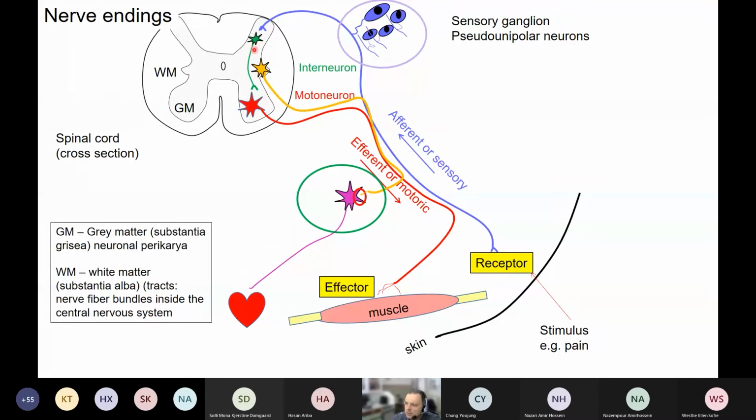Then this interneuron will go on and with its axon terminate in the neighborhood of, or on the surface of, the motor neuron, and again there is a connection here. Then the motor neuron will fire and go with its axon to the periphery and activate the muscle.